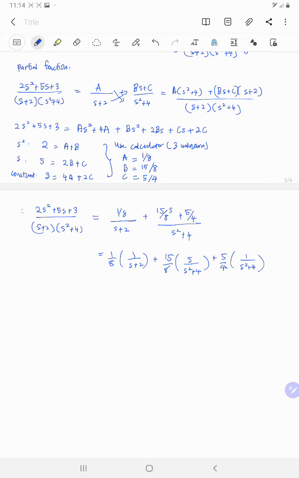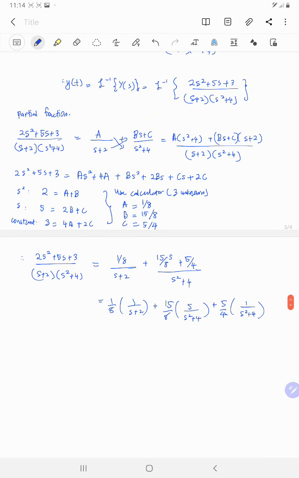Okay, now the idea is actually we want to find here y(t), which is the Laplace inverse of this function, but it must be transformed into partial fractions first.